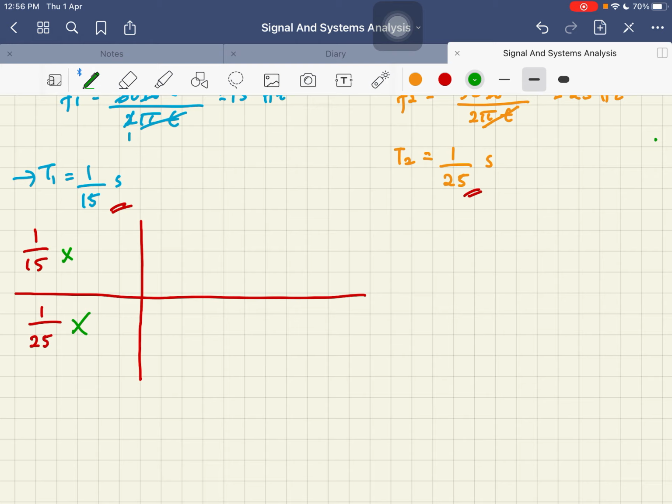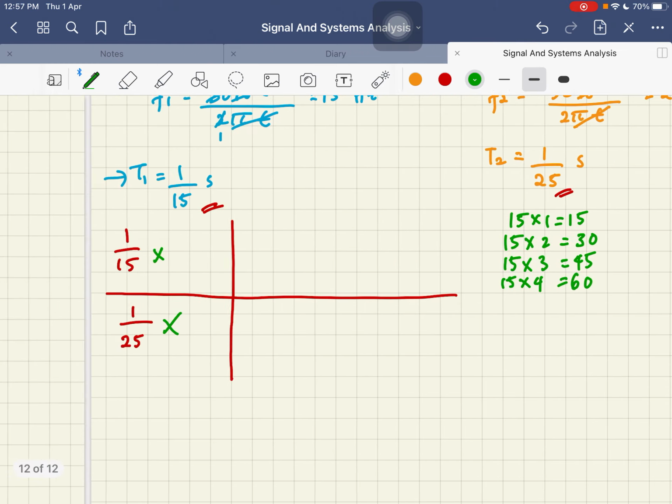So what if 15 multiplied by 3? 45. Let's do this the traditional way. So 15 times 1 will give me 15. 15 times 2 will give me 30, and 15 times 3 will give me 45. 15 times 4 will give me 60.